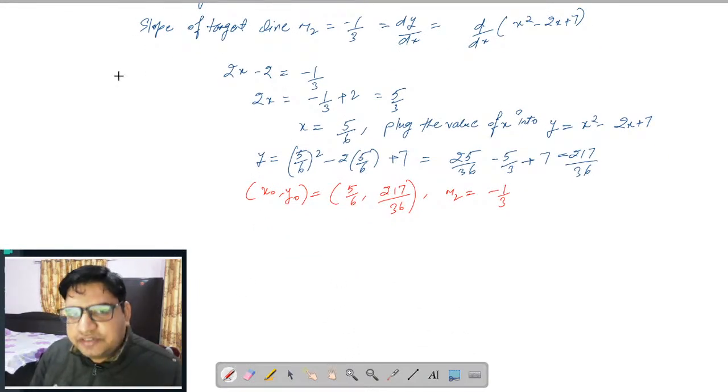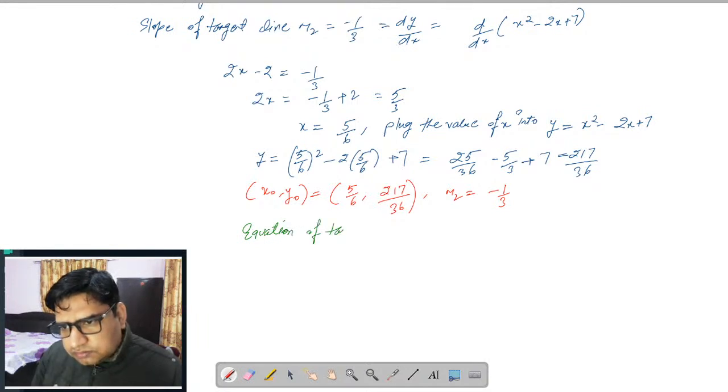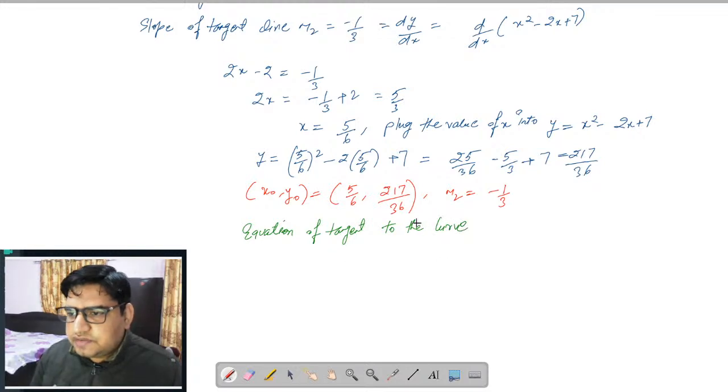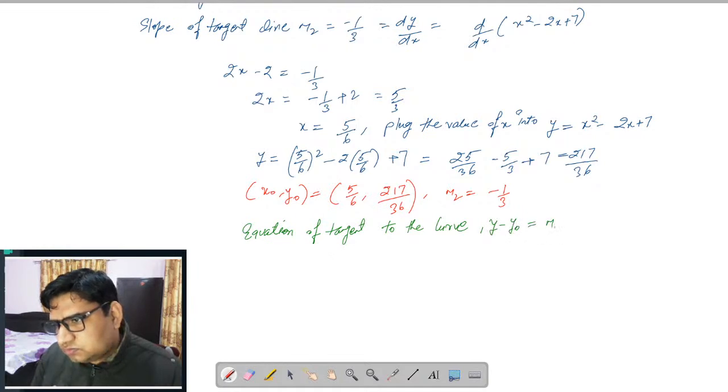So we'll simply write the equation of tangent to the curve, which is y minus y naught is equal to m2 times x minus x naught.